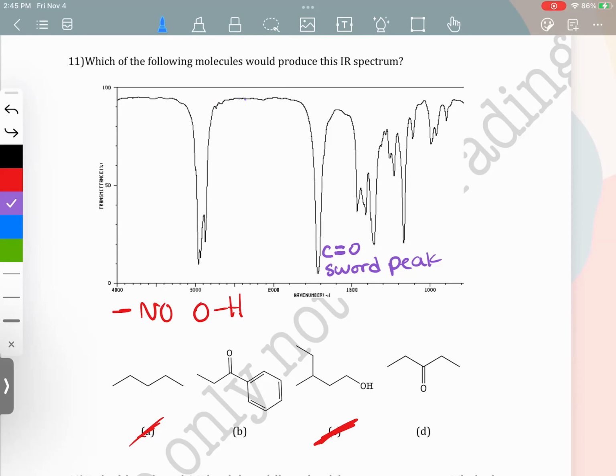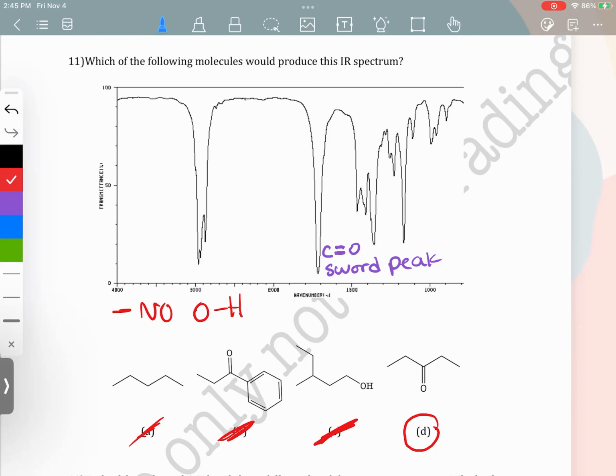I like to call them three mountains, like 1, 2, 3. Whenever you see that, you know you have an aromatic species. But we don't have that in that region at all, so it can't be B. The answer is D because we do have a C=O.